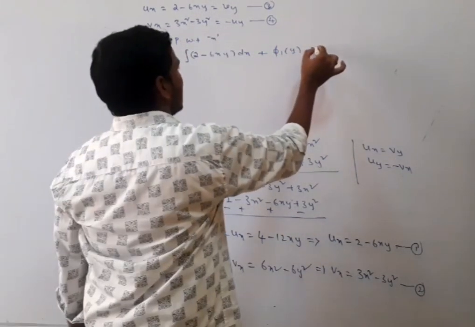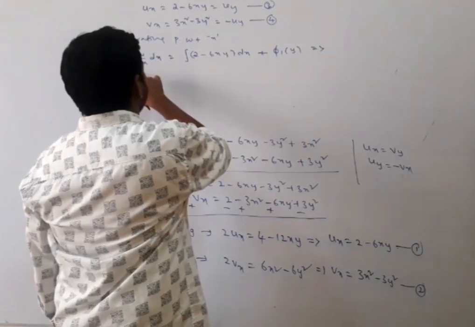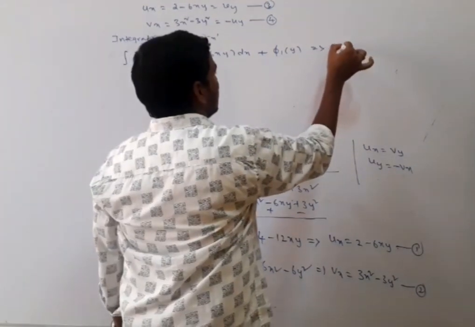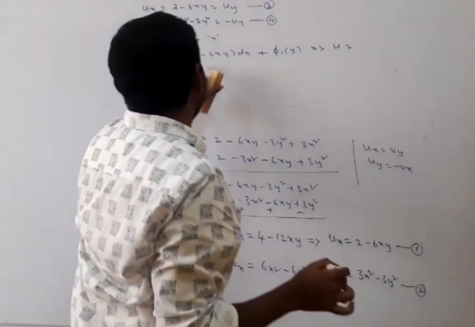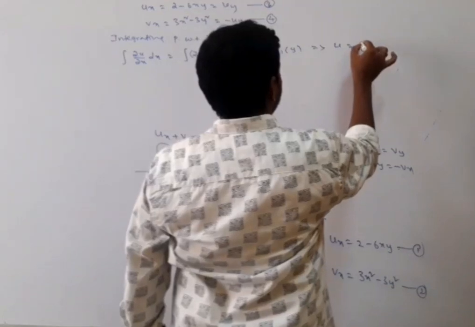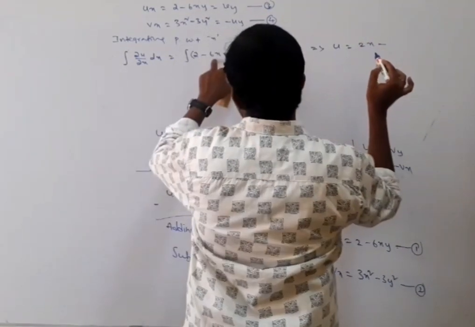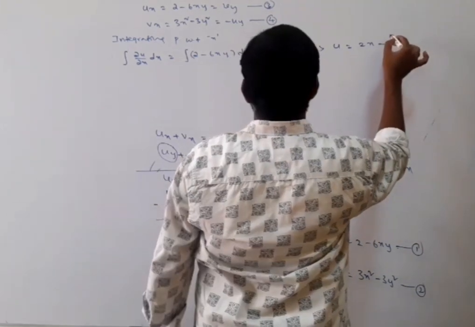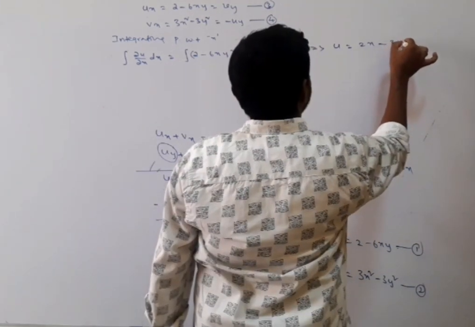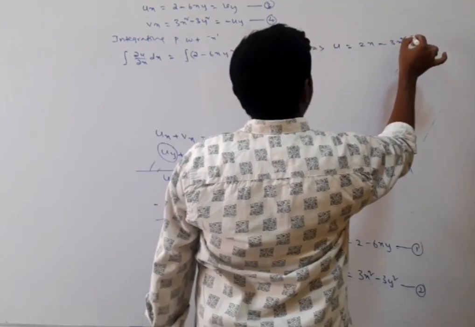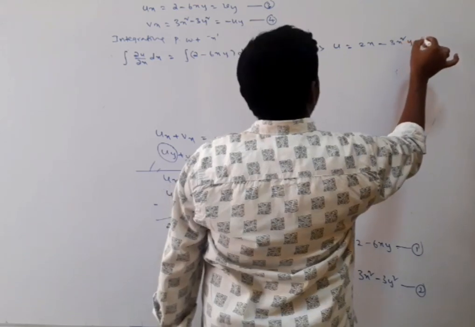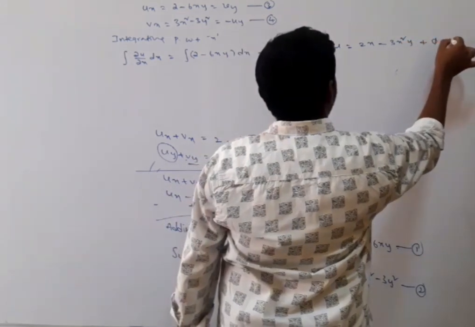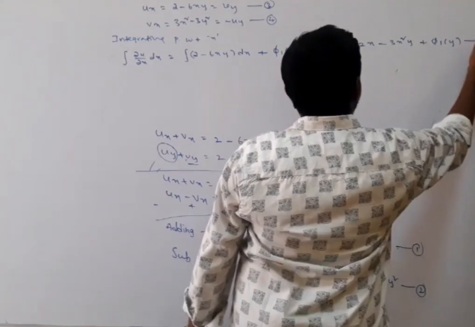So directly you can write, integration and differentiation get cancelled, we have u is equal to 2x minus 6 into x square by 2, that is minus 3x square y, plus pi 1 of y. So this is equation number 5.